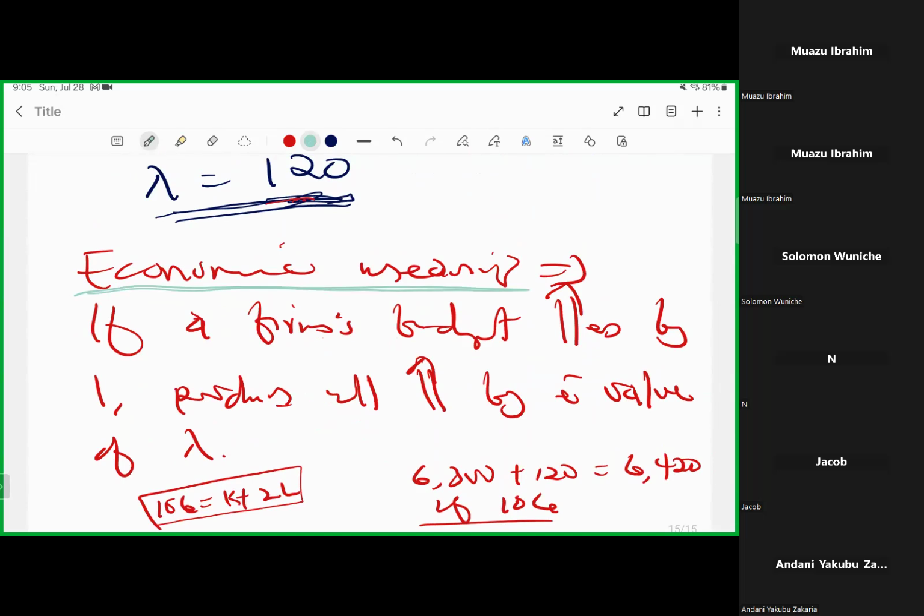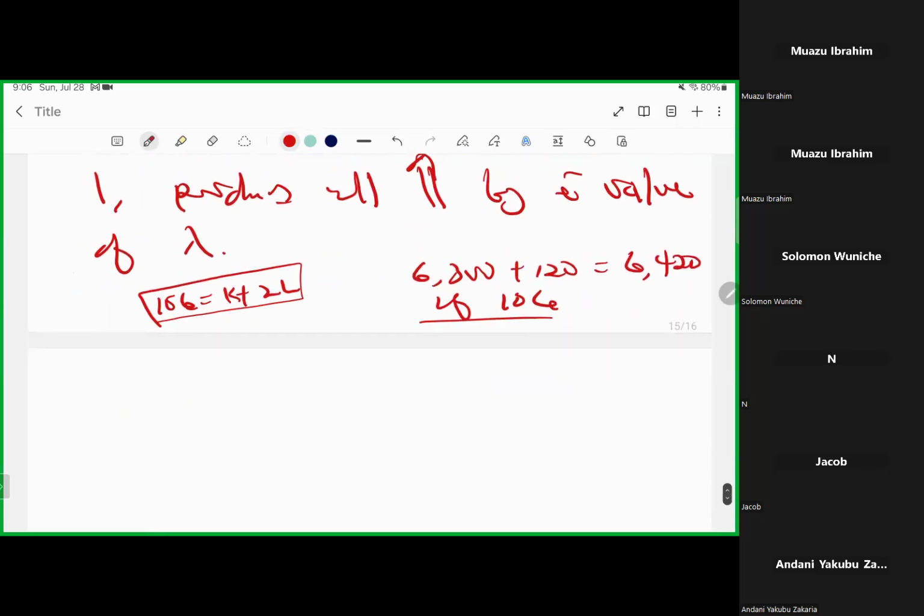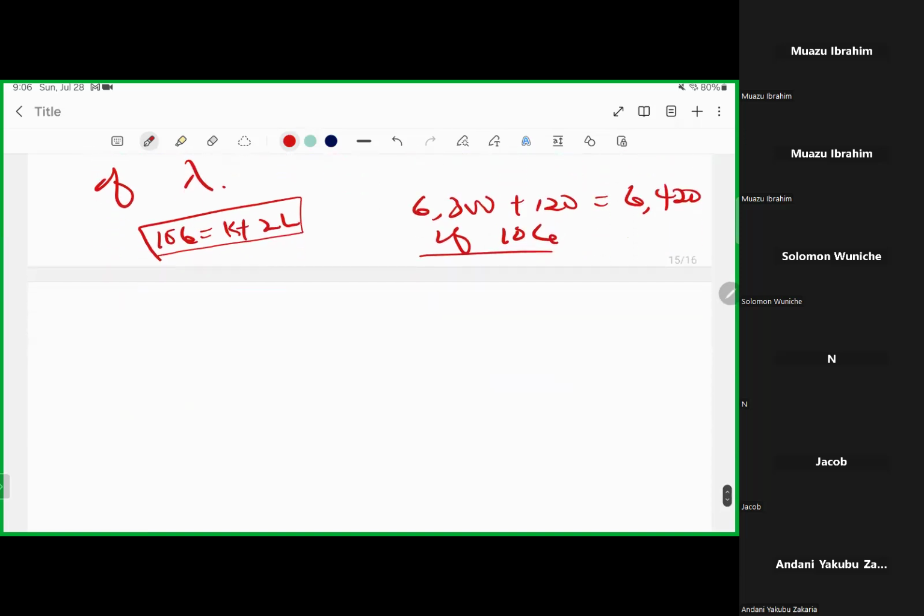When you increase the allocation that you want to spend on the production input, your production or output will change by the value of lambda. Any question? So in this case, for Overby to maximize output, Overby needs to employ 45 units of capital and 30 units of labor.